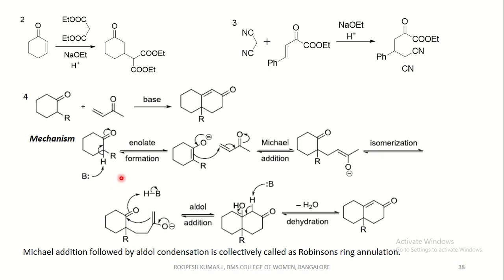That is, Michael addition followed by aldol condensation is collectively called Robinson ring annulation, the formation of a cyclized ring product from Michael addition and subsequent aldol condensation.